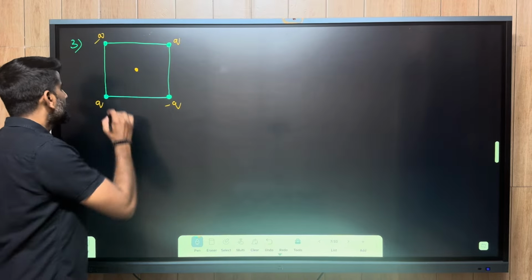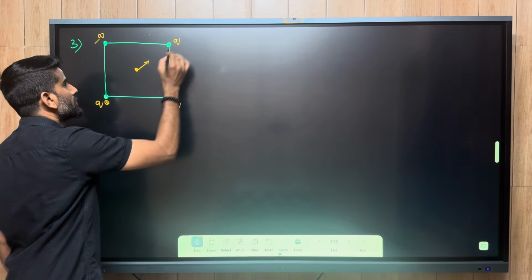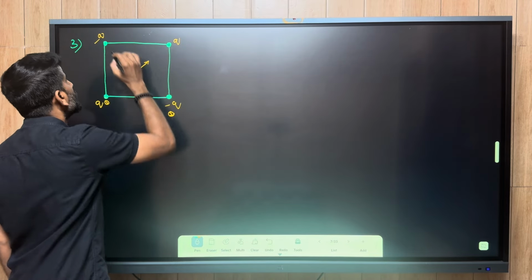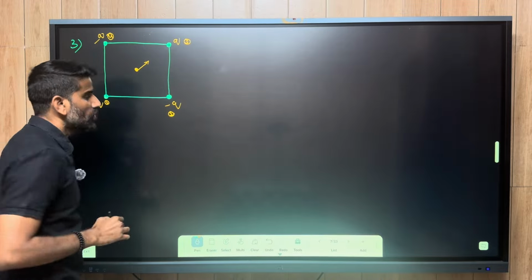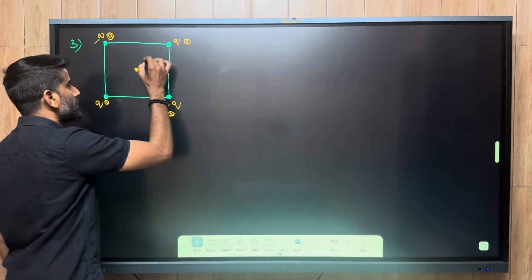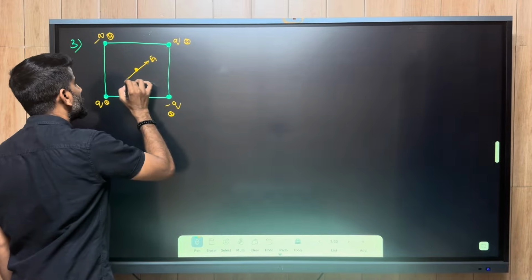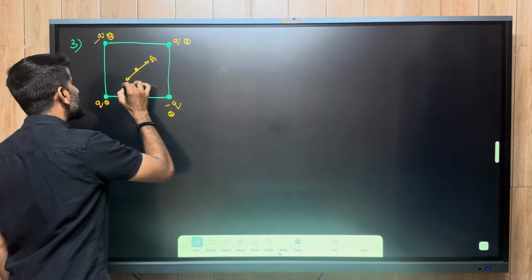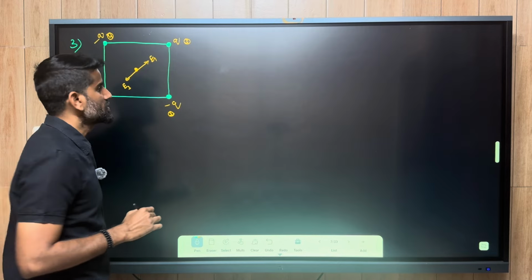Now the field due to positive charges is towards this one. Let us suppose this is 1, 2, 3, 4. Electric field due to point charge at location 1 is E1 acting away. Electric field due to 3 is E3 acting away, because these two are positive charges.